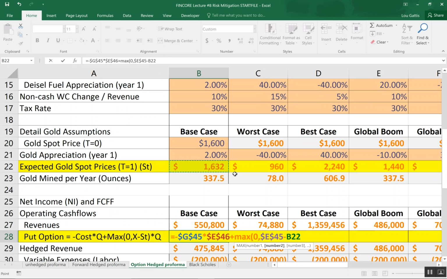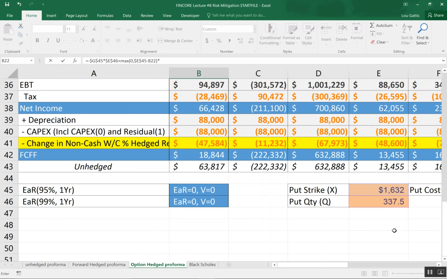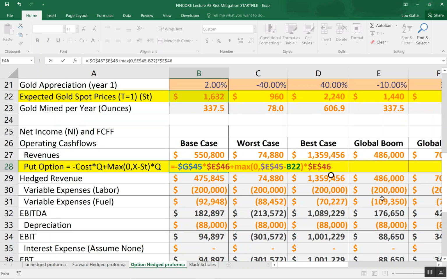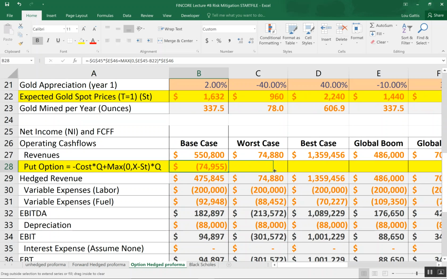In this case, it's 1632 or 960 or 2,200. I won't anchor that because I want to drag that across. Times my quantity I negotiated. So again, this is a case where the option is not exercised.